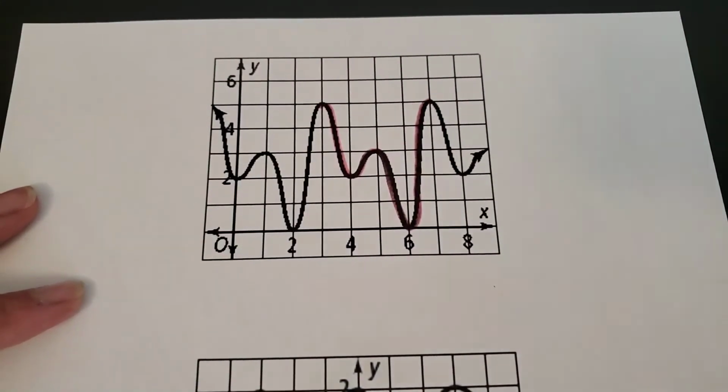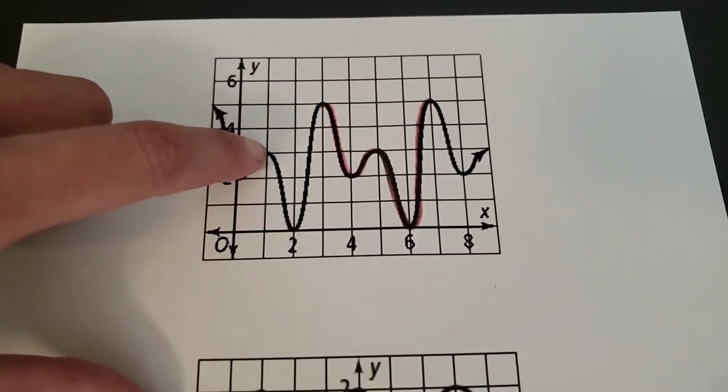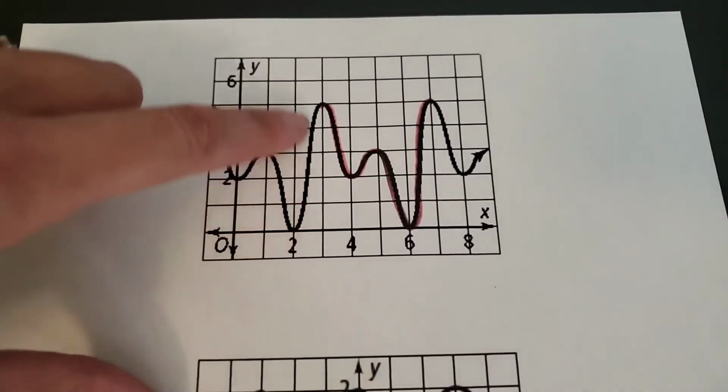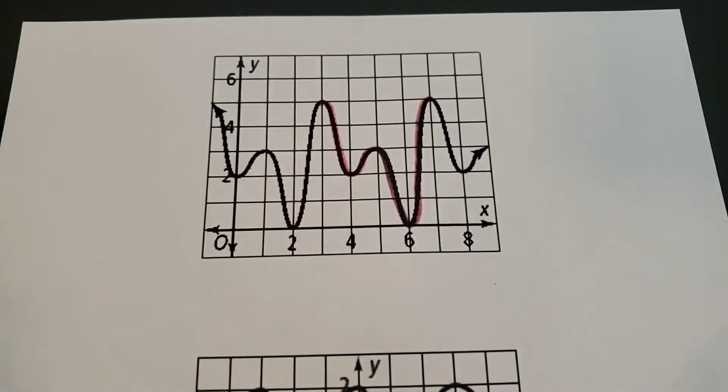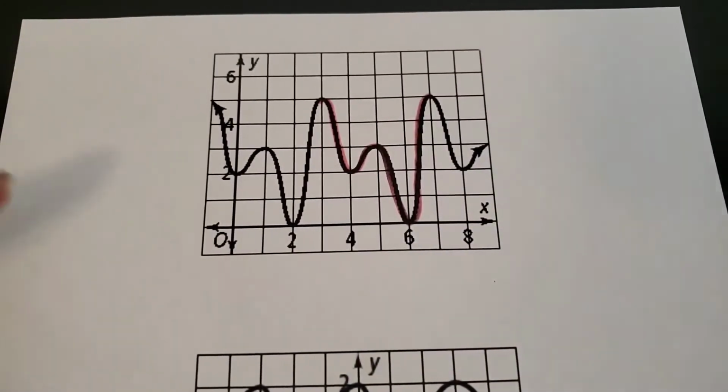There's 1 cycle. But you could have started the cycle here at the little relative maximum and come through there. That could have been the cycle as well. So this is in fact periodic. There is 1 highlighted cycle.